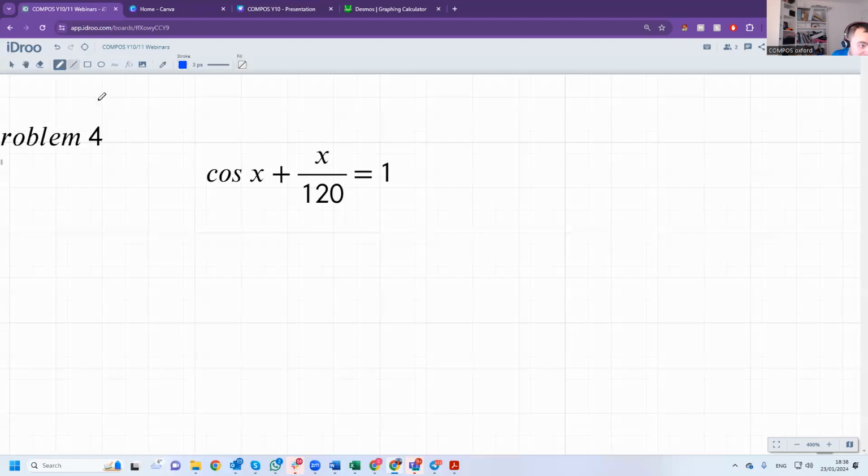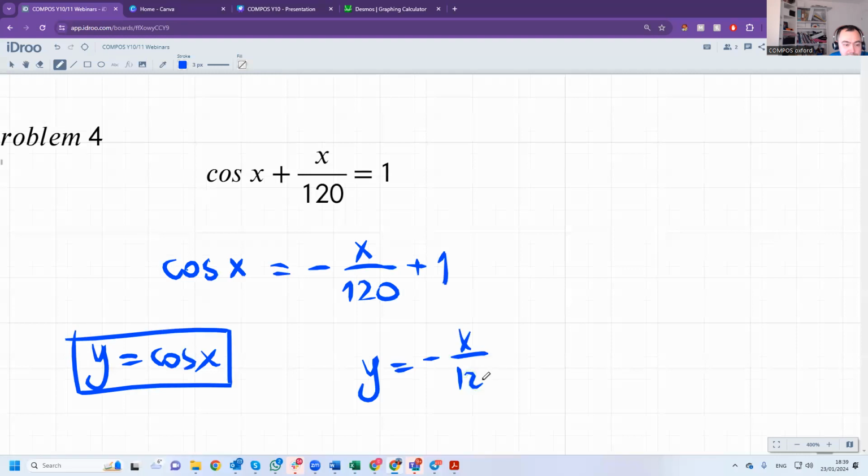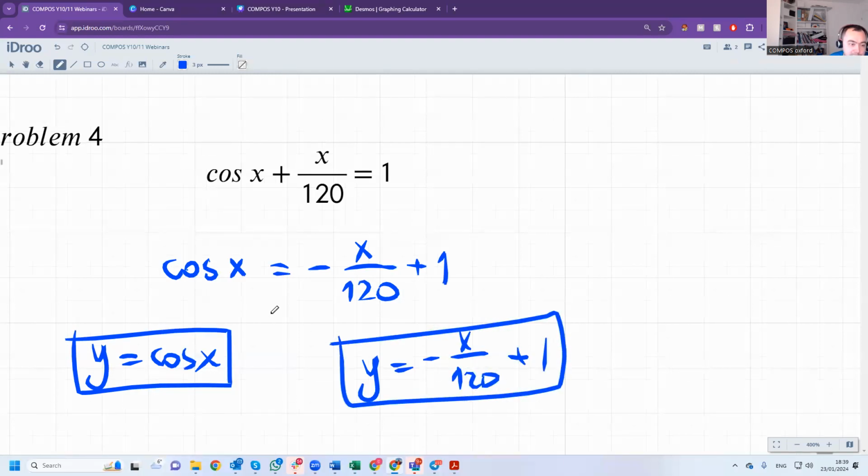So what I'm going to do here is write down cos x equals minus x over 120 plus 1, and draw the graph. I'm going to draw y equals cos x and y equals minus x over 120 plus 1. I'm going to draw the two graphs.